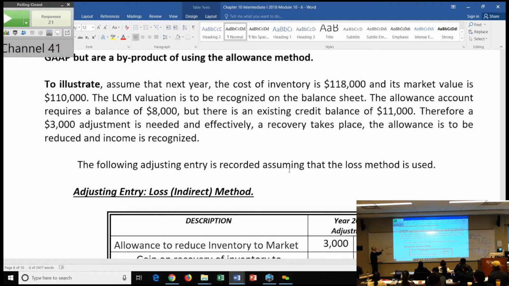Let's say the beginning allowance was 11,000. Let's say it's the same one we had before. Let's assume that the inventory is going to be written down to 110. So we believe that the LCM value is 110.